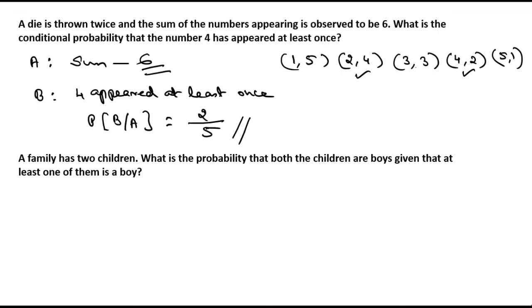Next question. A family has 2 children. What is the probability that both children are boys, given that at least one of them is a boy? So a family has 2 children. The possibilities are BB, BG, GB, GG.